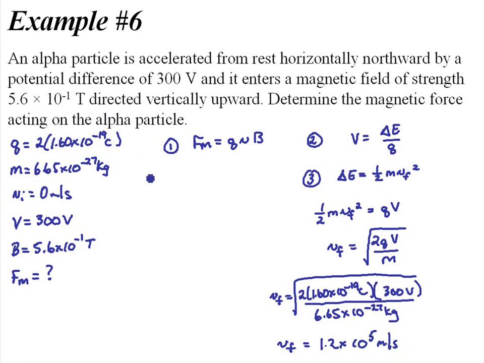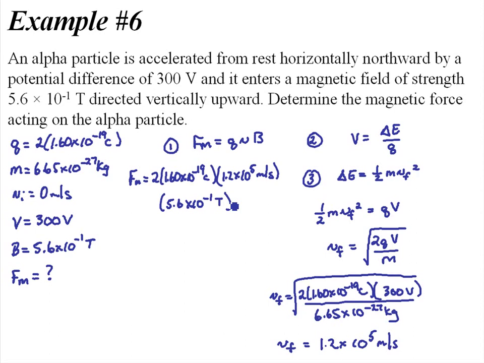Put that into equation 1, so the magnetic force equals 2 times 1.60 times 10 to the negative 19 coulombs times the velocity. I'll keep the actual value on my calculator still. I'm going to have to write this over 2 lines, times 5.6 times 10 to the negative 1 Tesla. So it's 2 times 1.6 times 10 to the negative 19 times my velocity.